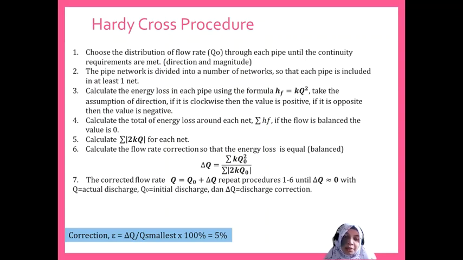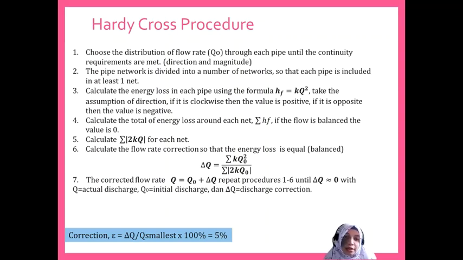Number 3, calculate the energy loss in each pipe using the formula HF equals KQ squared. So you have to calculate K times Q squared in every pipe, in every network.